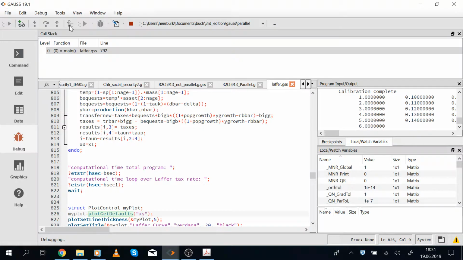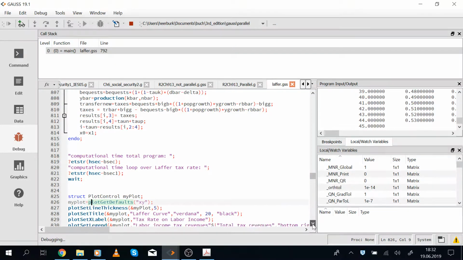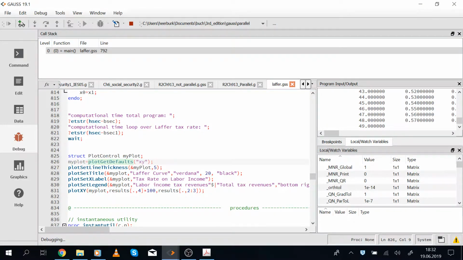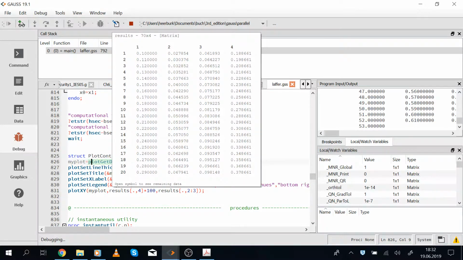So now we compute the equilibrium allocation for different values of tau n, starting from 10% going up to 80%, computing the equilibrium social security contribution rate, the equilibrium total taxes, the equilibrium wage income taxes, and display them in our final graph, in our final picture here, which plots our results as computed with the help of the procedure SS Aggregate.